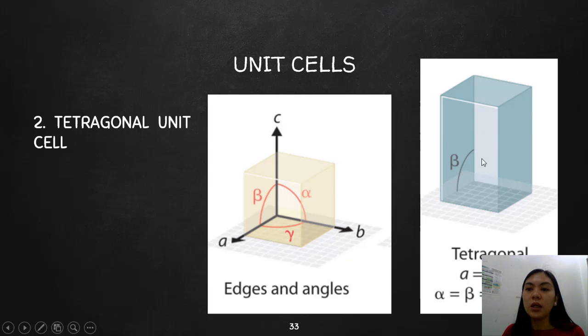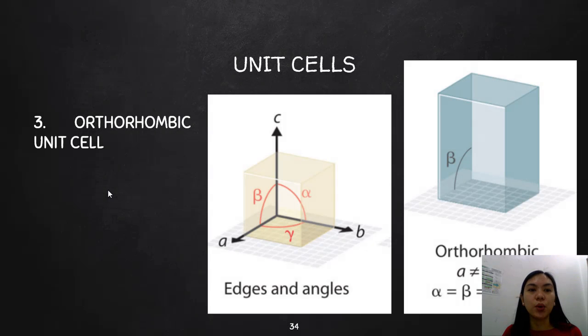And although the angles that they make with each other are 90 degrees, which means na they are perpendicular to each other. Kumbaga si side C lang po yung naiba. Okay? So your side A is equal to your side B. However, they are not equal to your side C. Although all of the angles alpha, beta, and gamma is equal to 90 degrees. So yan po yung second type ng unit cell. Your tetragonal unit cell.